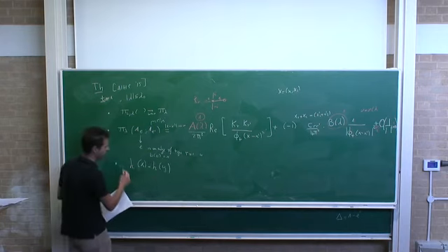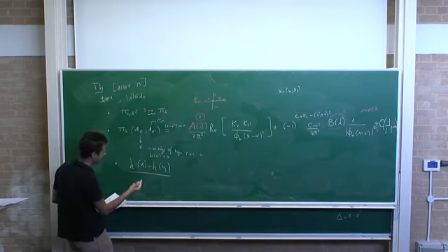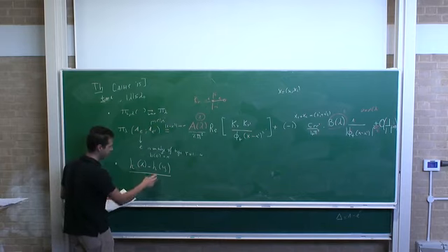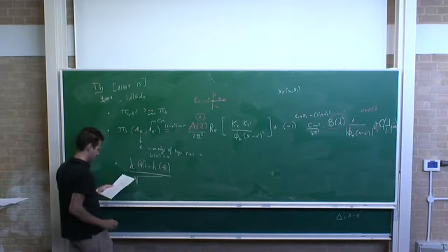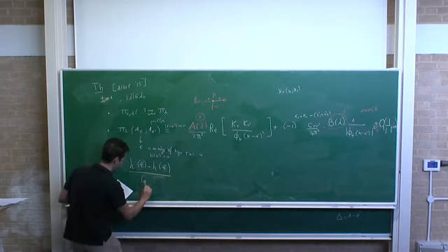So for instance, let me give a result. If you take the height function, the height difference between two far away faces, let's say f and f prime, and divide by log of f minus f prime.